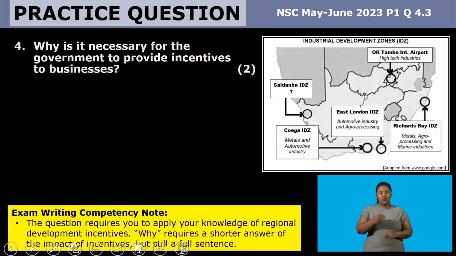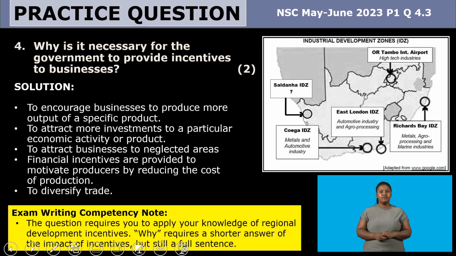Number 4, why is it necessary for the government to provide incentives to businesses? Because it encourages businesses to produce more output of a specific product. Number 2, to attract more investments to a particular economic activity or product.